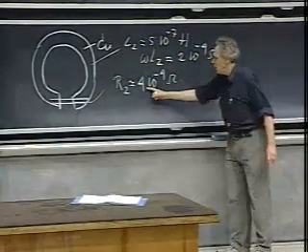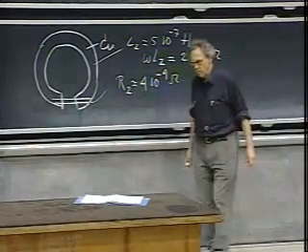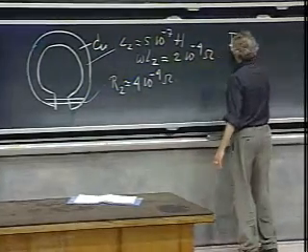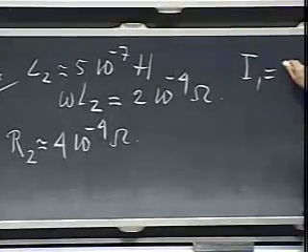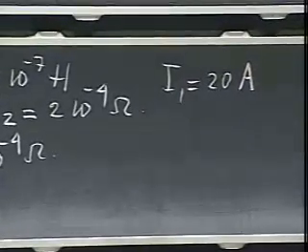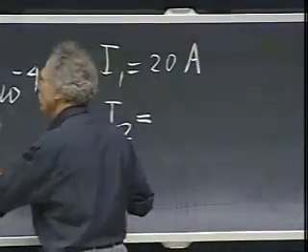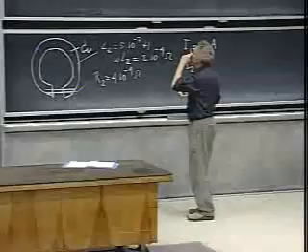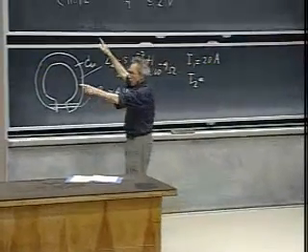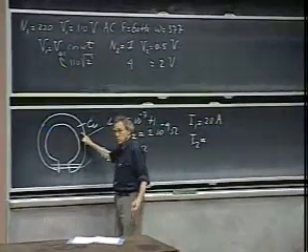Even though R2 is not much smaller than omega L2, they are now beginning to be comparable. I1, the current that I drive in the primary, is going to be 20 amperes. I do not expect that I2 will be 220 times larger than I1, because I use the same 220 windings for the coil, and this is just one winding.